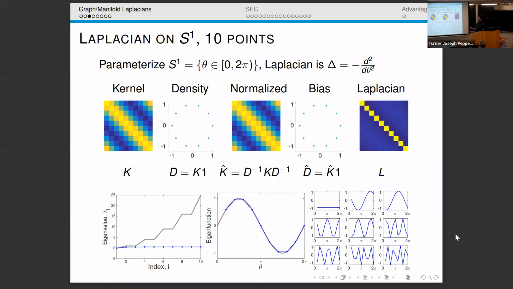So, here's a simple graph where you just have a few data points that happen to live on a circle. I think there are 10 data points on the unit circle. So we build a weighted graph using a kernel function. And this is really interesting. There's sort of an RKHS happening in the ambient space. But instead of sampling points uniformly on the ambient space, you're sampling points from this singular measure, because the measure is concentrated on this manifold.